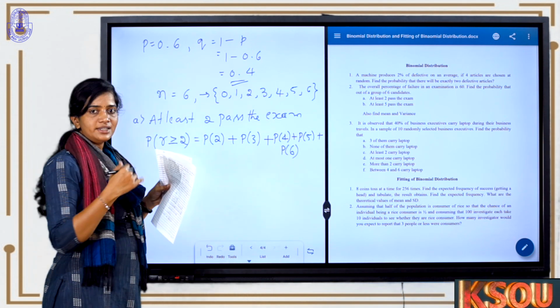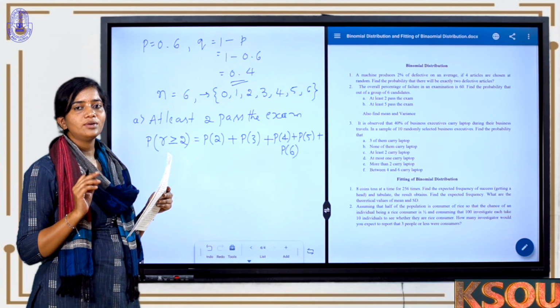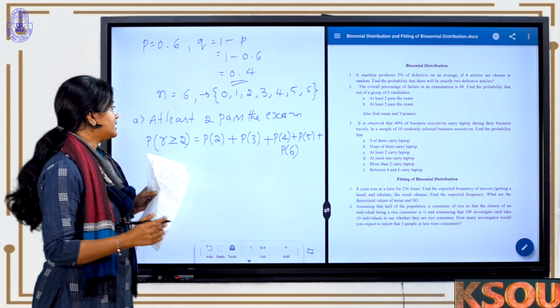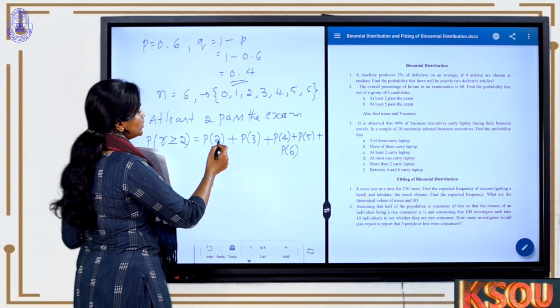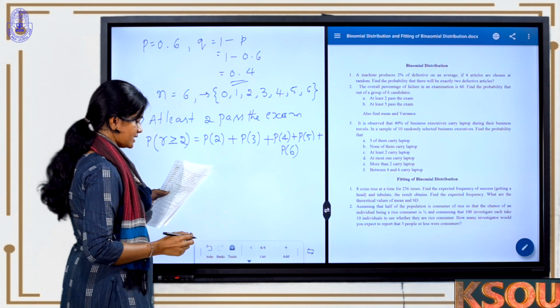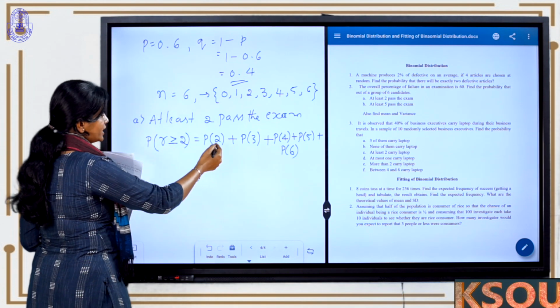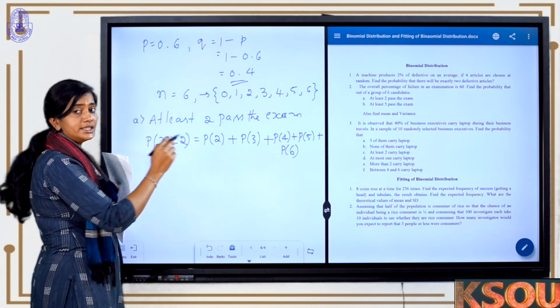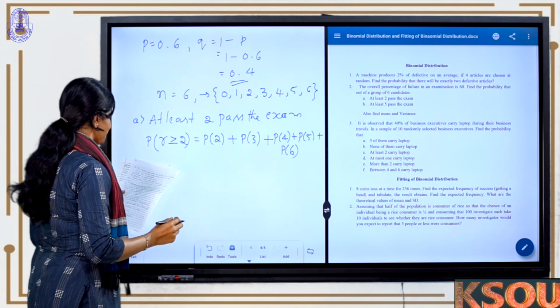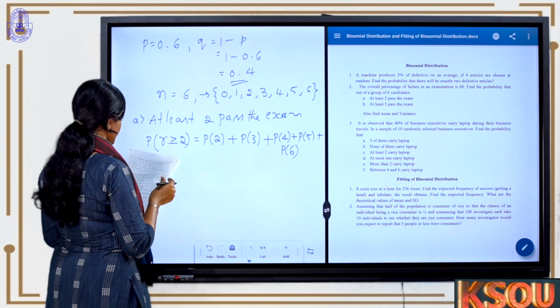In the previous question we did it with only one value, isn't it? Like that we will have to calculate separately for P of 2, P of 3, P of 4, P of 5 and P of 6. You will have to apply the binomial probability distribution formula for each part here.